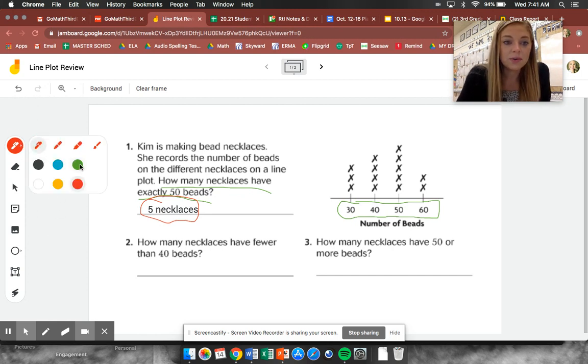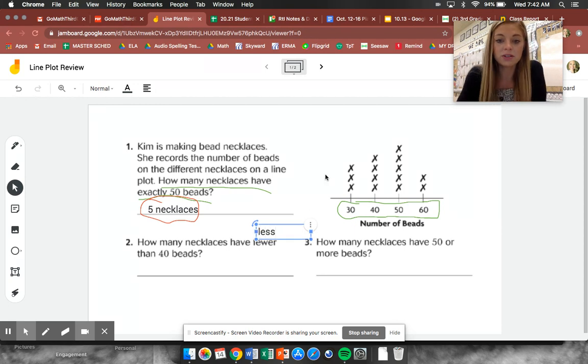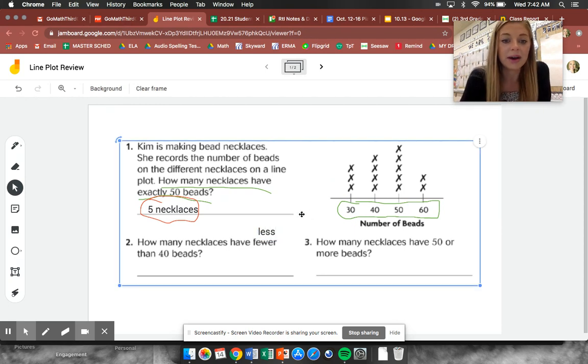Okay, so number 2, how many necklaces have fewer than 40 beads? Fewer means less. So I'm going to just write that there so I can remember that.